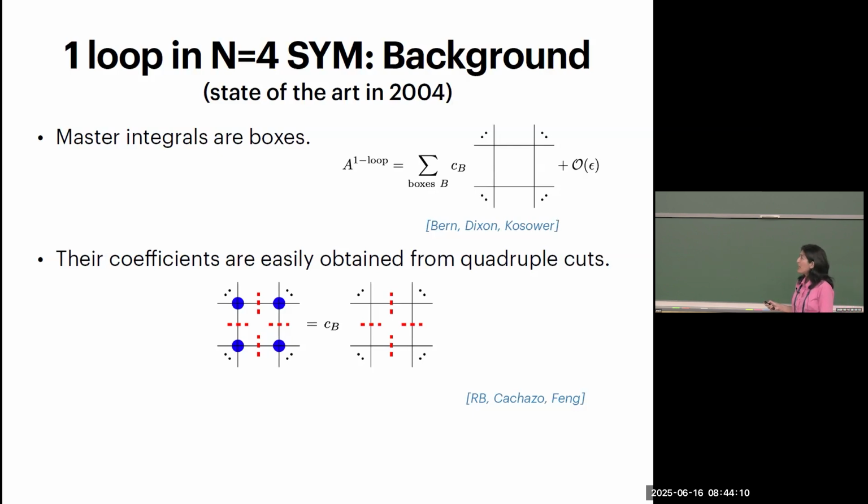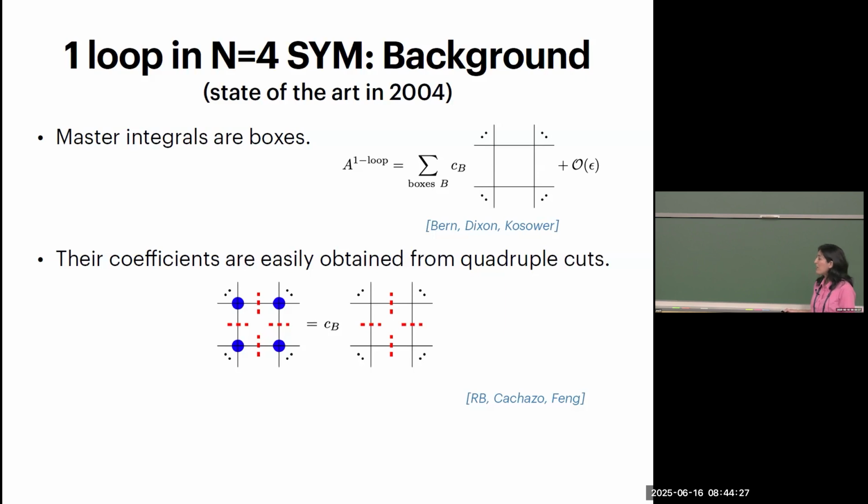So in 2004, there was more understanding on how to produce the coefficients. The master integrals, those boxes, had been calculated. I'll show you a bit more about those shortly. The coefficients were a bit of a mystery, and it was quite an art to extract what these were.